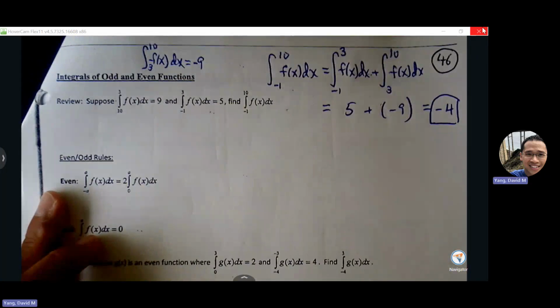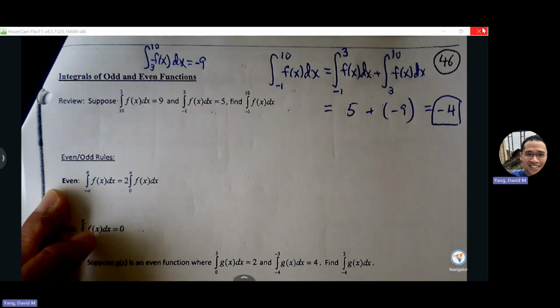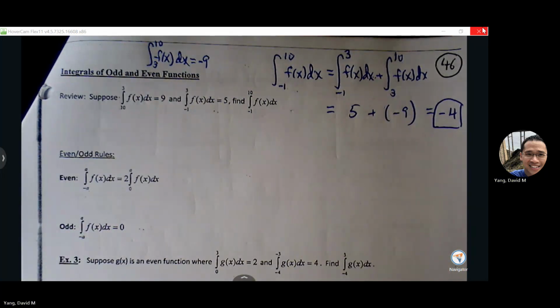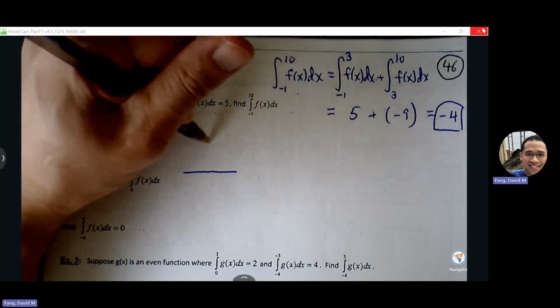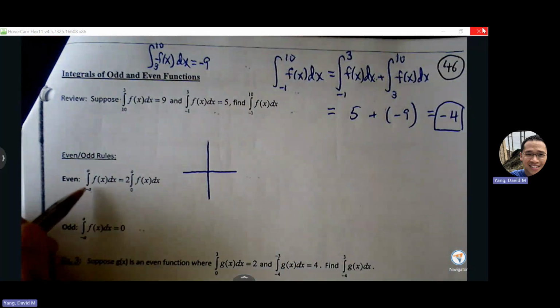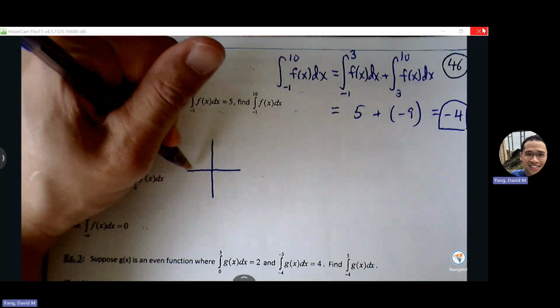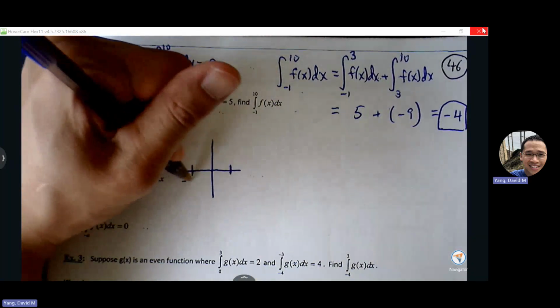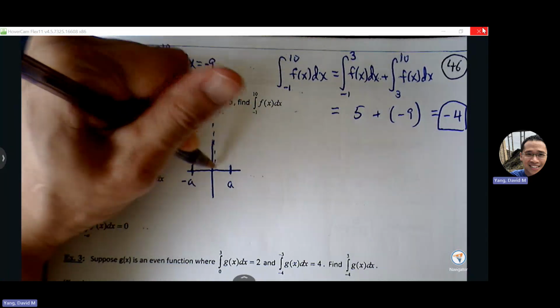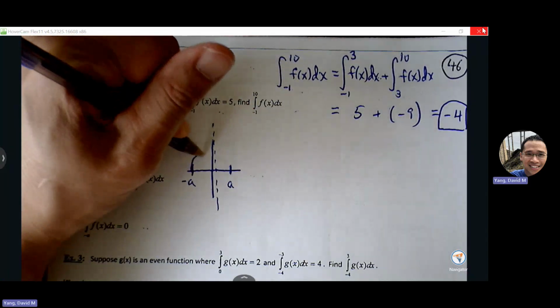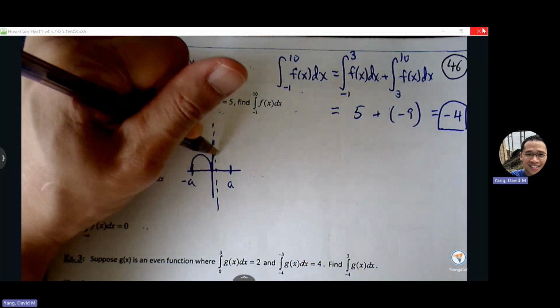Okay, so moving on to even and odd rules. Even functions are ones where the graph can be a mirror image across the y-axis. So let's say I had a region, an even function between -a and a. That could look like this. Let's say -a was here and a was here. If it was truly an even function, then whatever we have on one side, we'll have a mirror image on the other side.